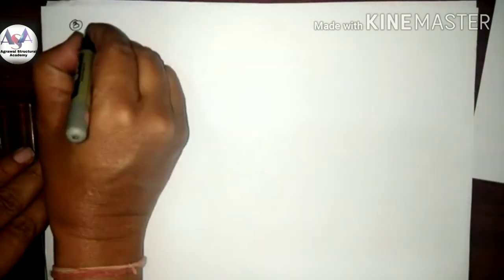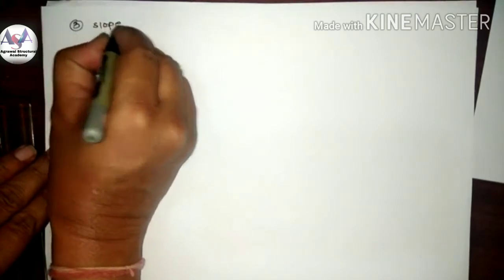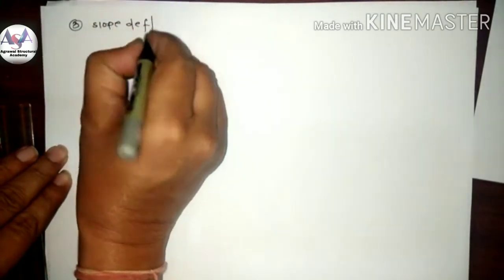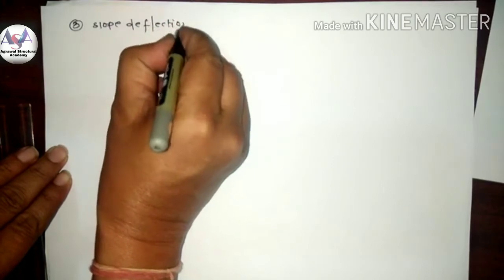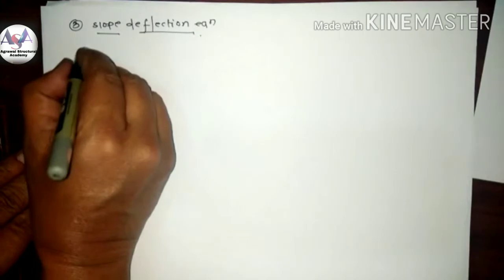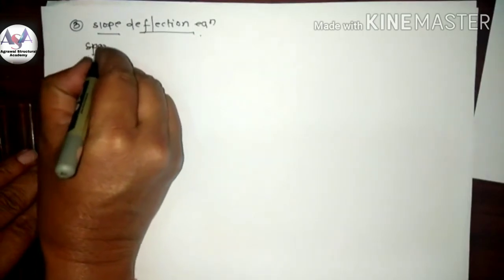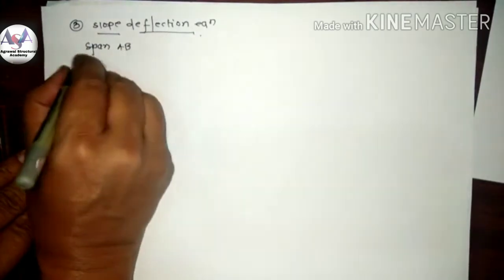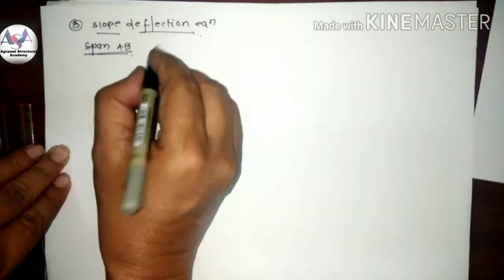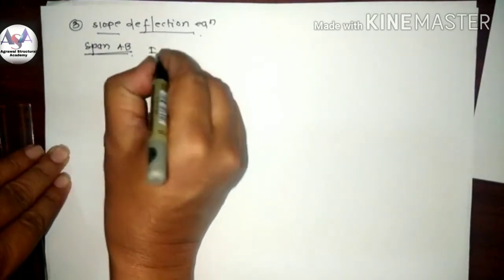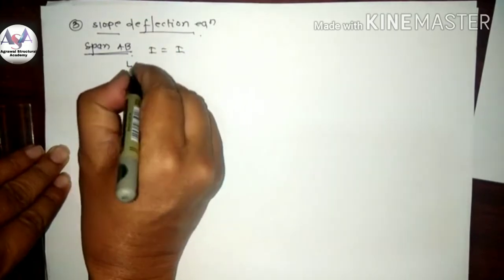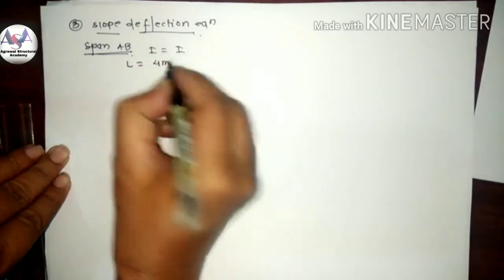And that is the third step, slope deflection equation. Third step. Now again span AB here, I is equal to I, and L is equal to 4 meter.